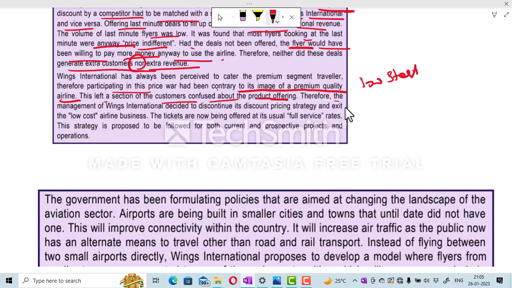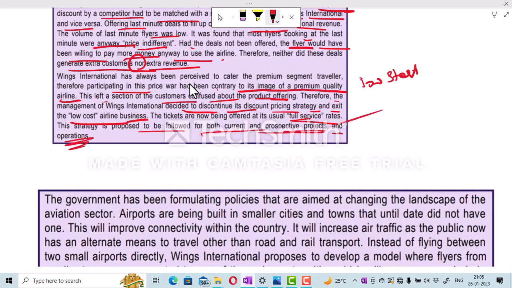Therefore, management of Wings International decided to discontinue its pricing strategy and exit the low cost airline business. The tickets are now being offered at its usual full service rates. This strategy is proposed to be followed for both current and prospective projects and operations.